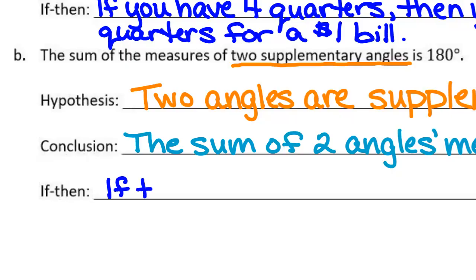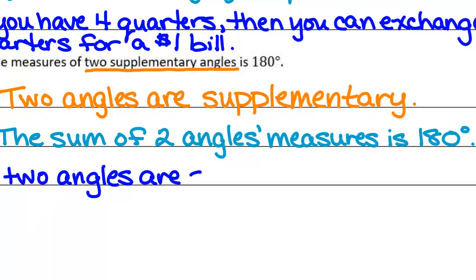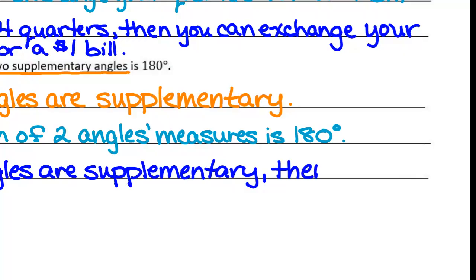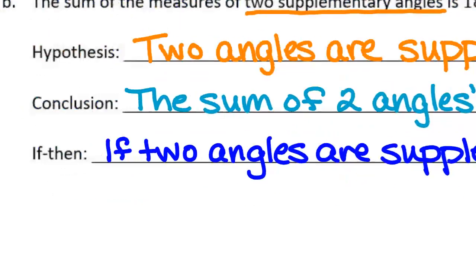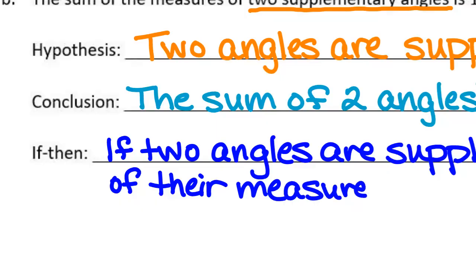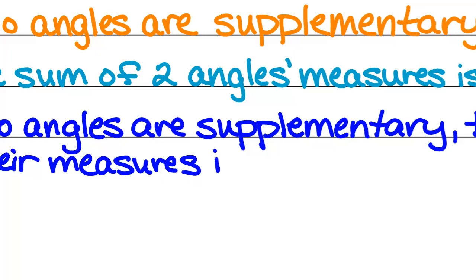If 2 angles are supplementary, then the sum of their measures is 180 degrees.